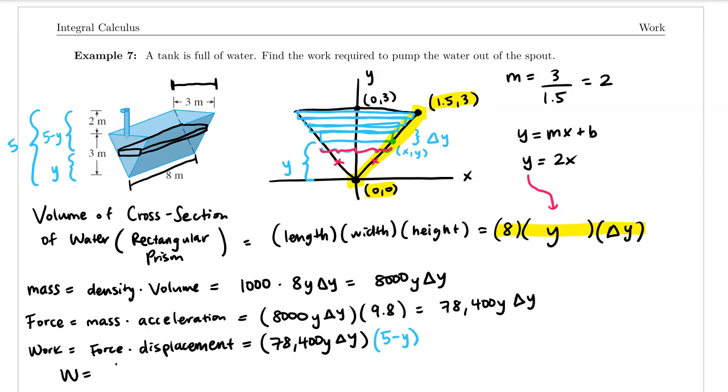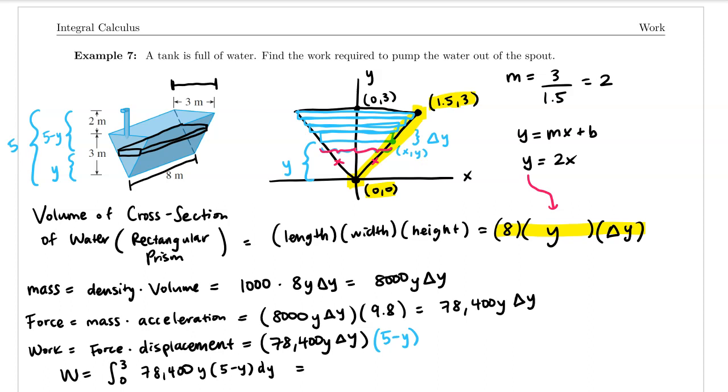So my work is equal to the definite integral from my lowest slice starting at 0, and then my last slice ends at 3, and then I have 78,400 times y times 5 minus y, and then the delta y gets changed into dy when we're changing this into a definite integral.